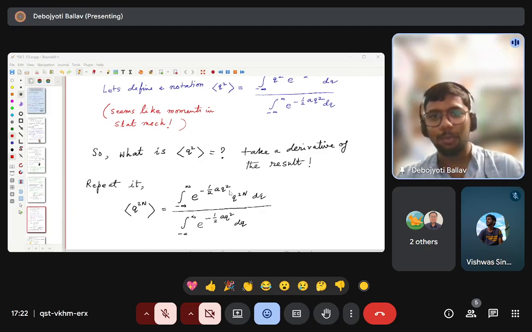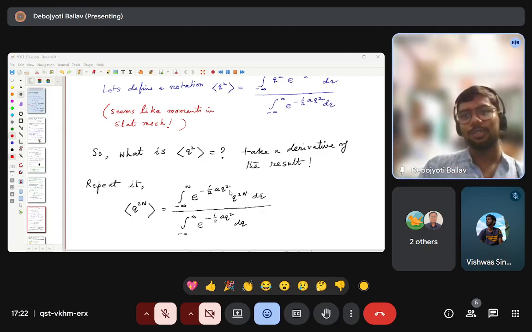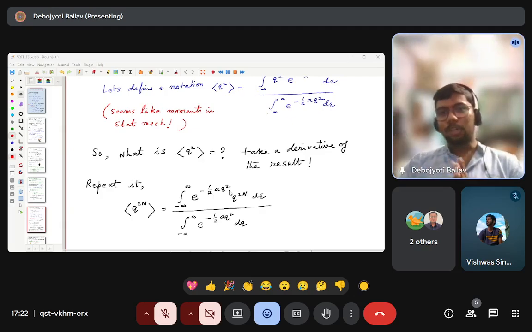Everything I am motivating, you see, you do something and you will just motivate some kind of integral without actually doing it. So you have to take repeated derivatives of your earlier answer, which is 2 pi by a to the half. You just take derivatives n times with respect to a.